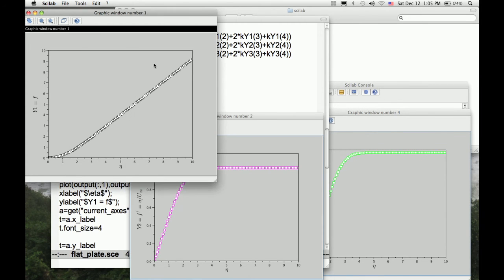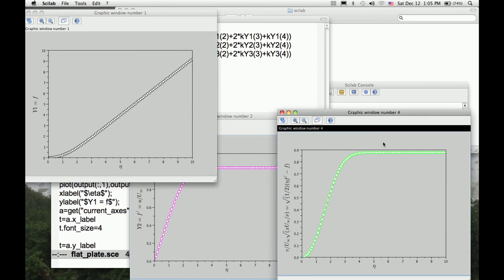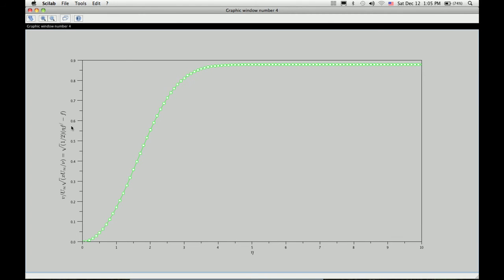So, you got f. v is a little more complicated sort of an equation, but this is what it was. The right hand side equation here is half under root of half into eta f dash minus f. This was the expression for v.